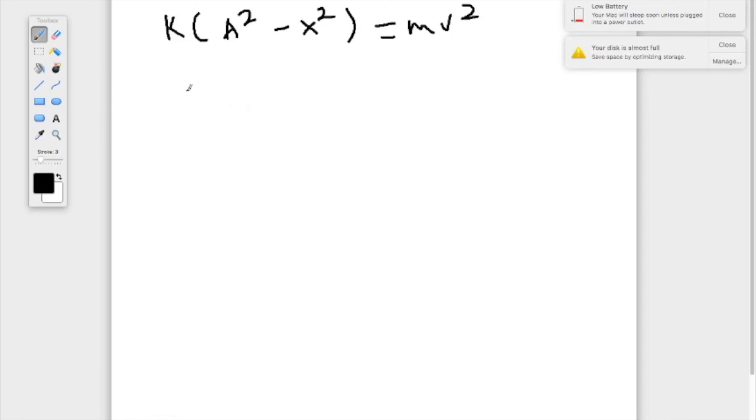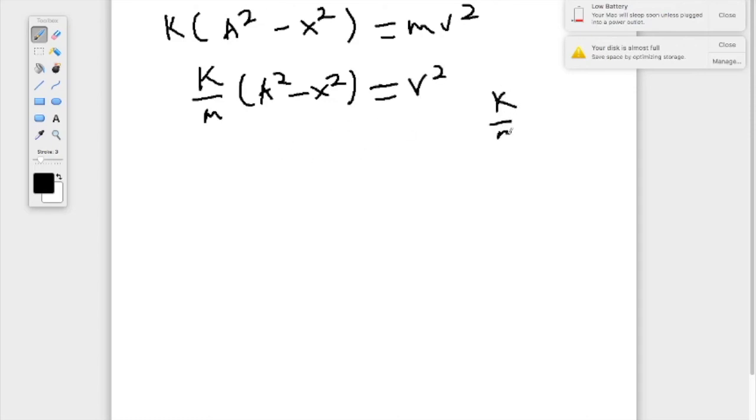All I'm going to do is divide by m, so we get k over m times A squared minus x squared equals v squared. But we know that k over m is omega squared, so we get omega squared times A squared minus x squared equals v squared.